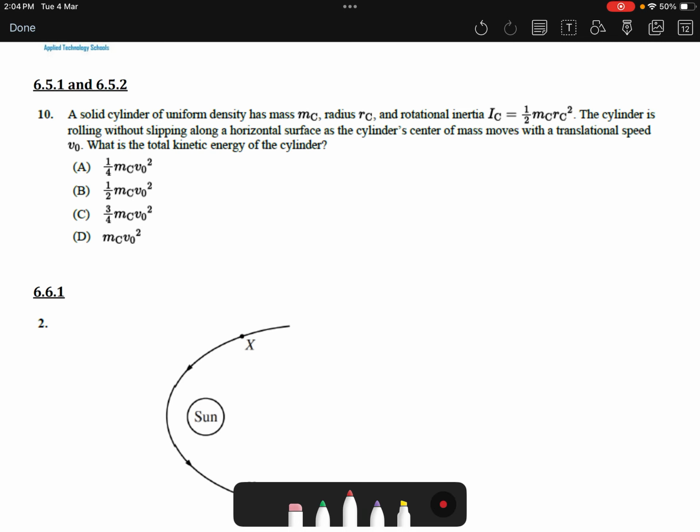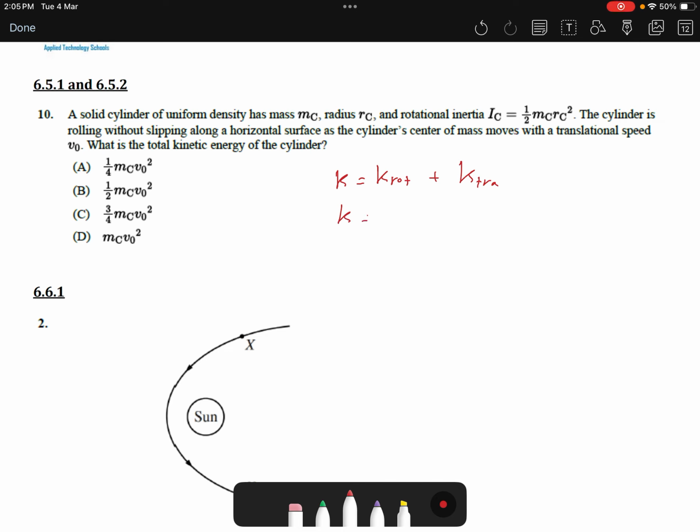Now, solid cylinder, please read the question. We need to find the total kinetic energy. This object has two motions, so two kinetic energies. There is the rotational kinetic energy, and the translational kinetic energy.